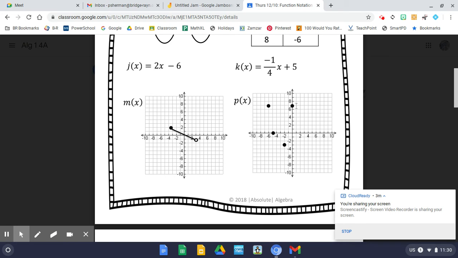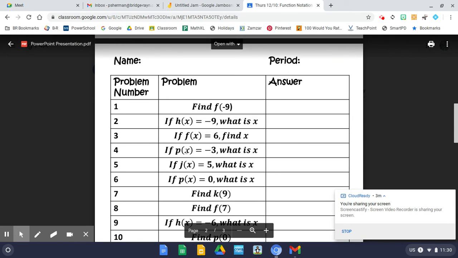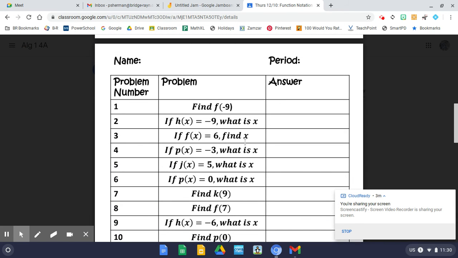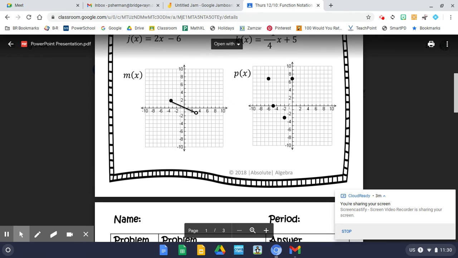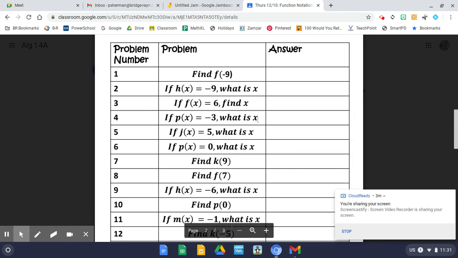So on a separate sheet of paper, you can label these. That's the point 0, 7, right? That's the point -2, -3. Yeah, I needed the output of -3. What's the x that goes with it? So I just said the point -2, -3. So the x of that would be -2 because you have the output.